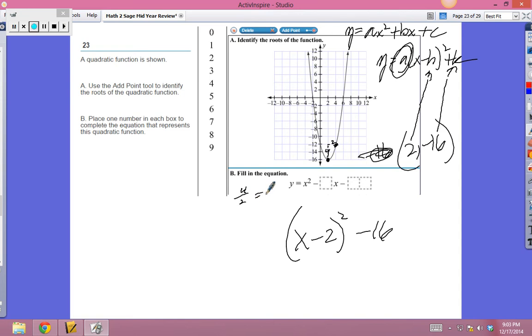The dilation is not going to be 2, because the dilation is... Oh shoot! Oh, that's not it. Yeah, they're counting by 2s.